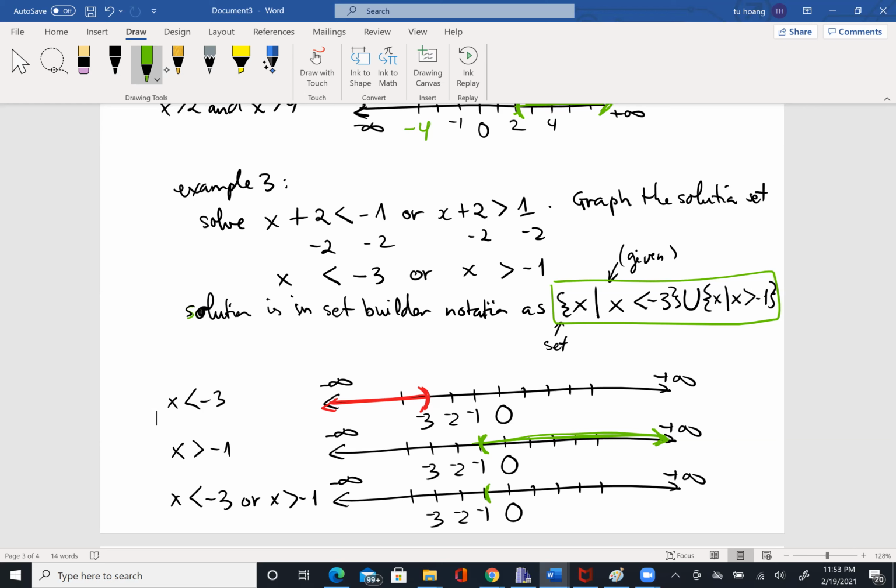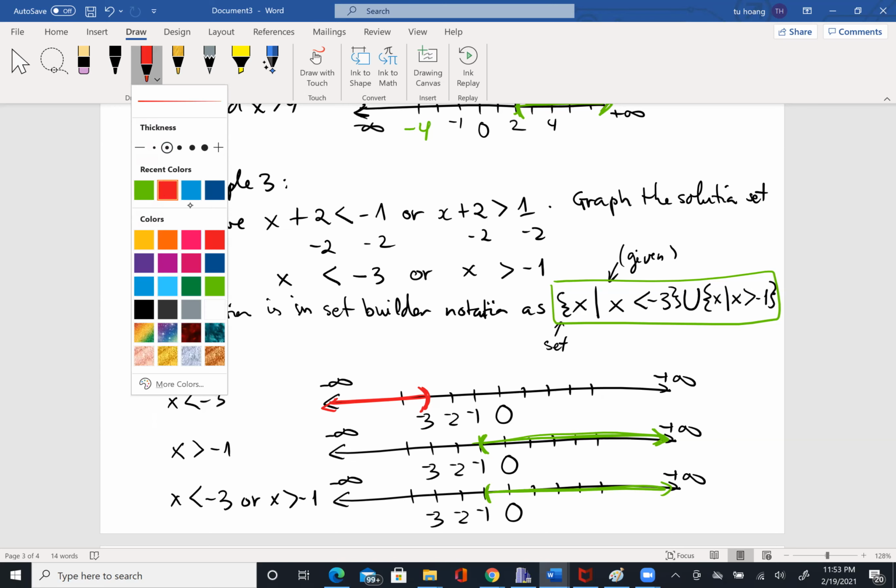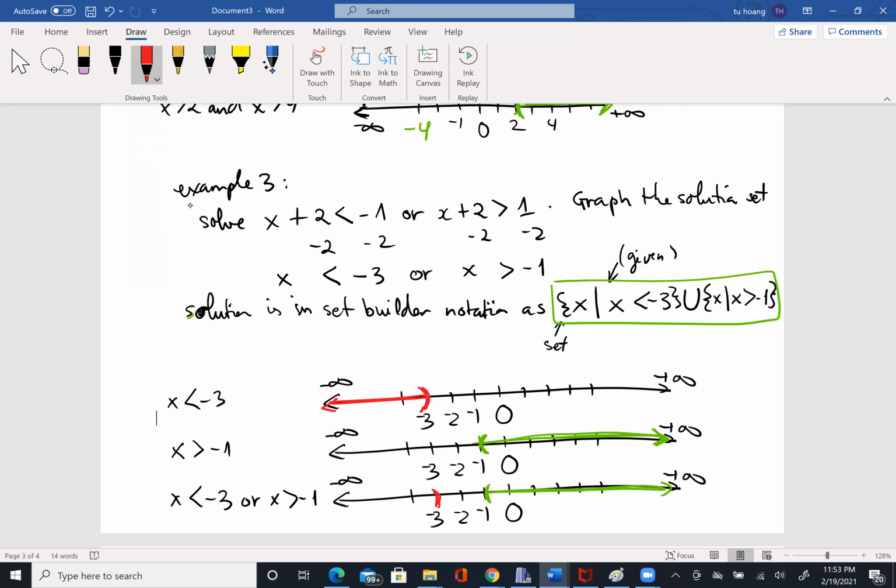Firstly, it has to be greater than -1. This one side we combine, and the other side goes from -3 to negative infinity. So this is the combined solution set. Here's the solution.